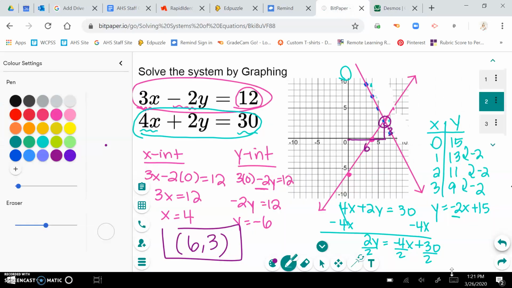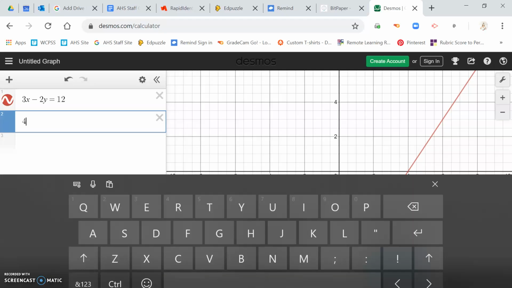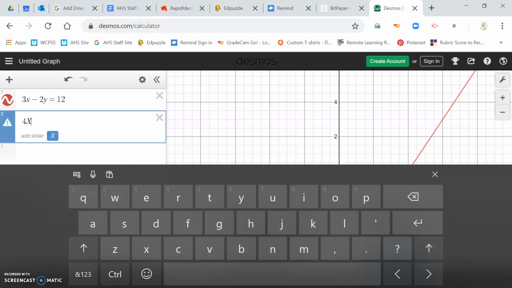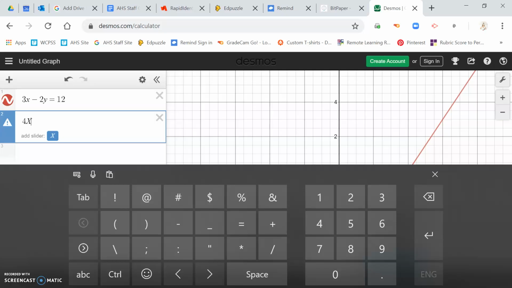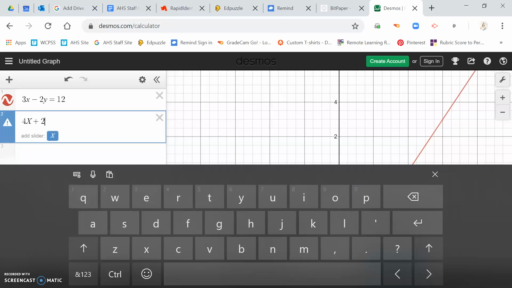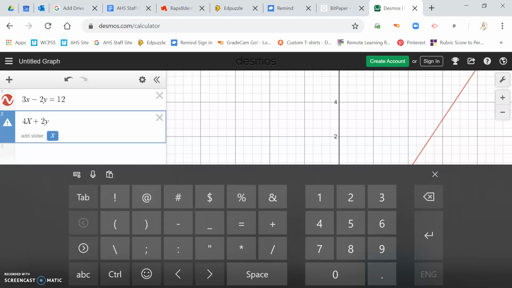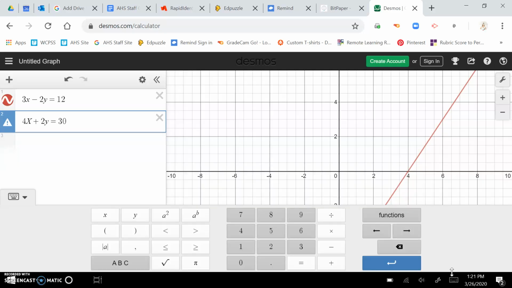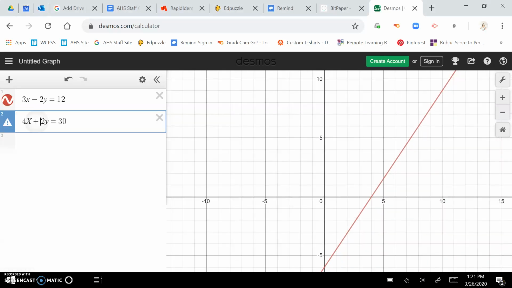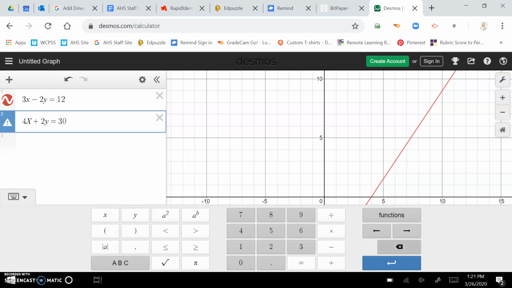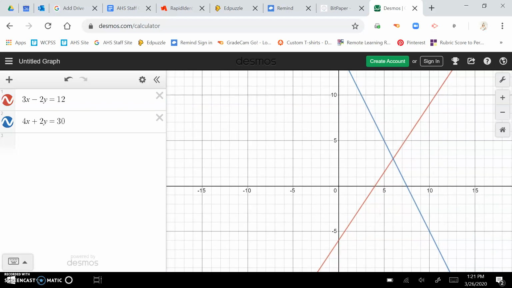But on Desmos, you can just type them in as is. So then you can zoom it out. Oops, it's in capitals, so it won't work. You can zoom it out and you can see here's your point, (6, 3), which is what we found before.